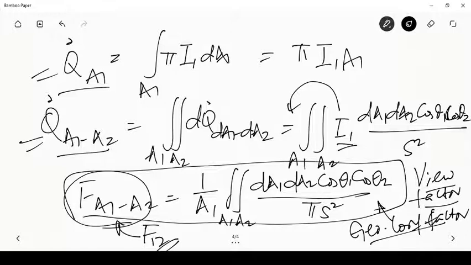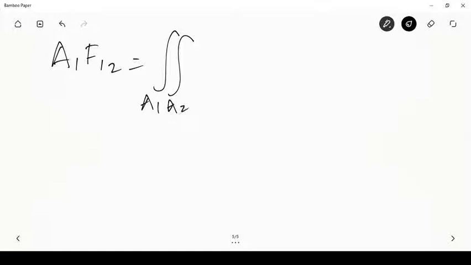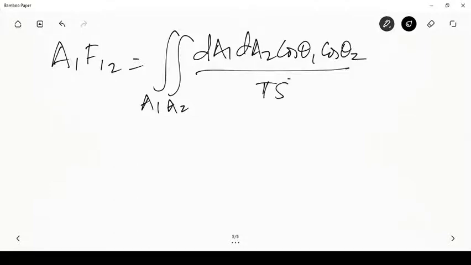Now if I bring the A1 to this side, I get a symmetric expression. So I get A1 F12 is the double integral over A1 and A2 of dA1 dA2 cos theta 1 cos theta 2 divided by pi s square.